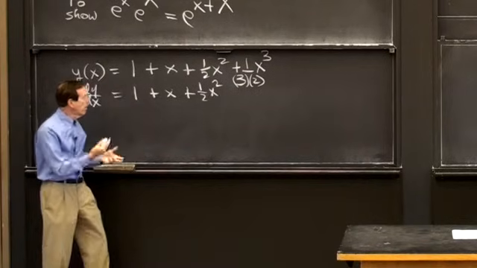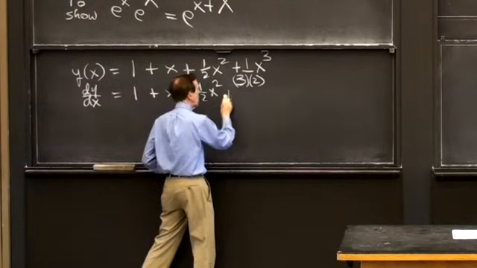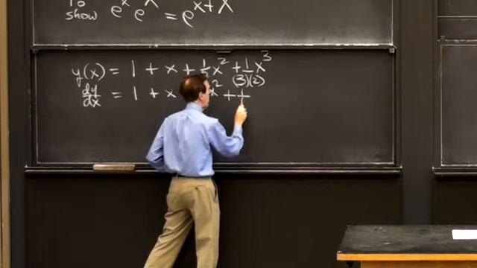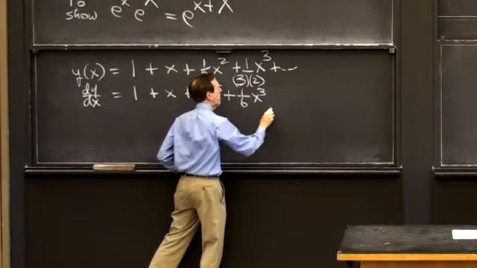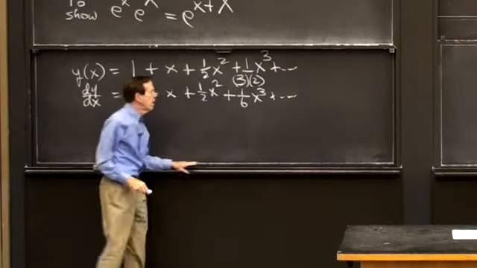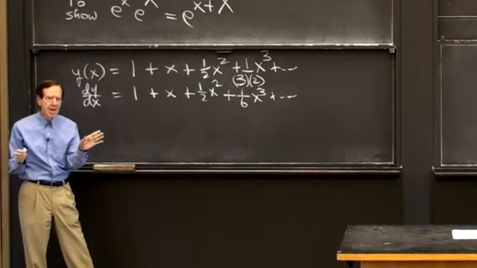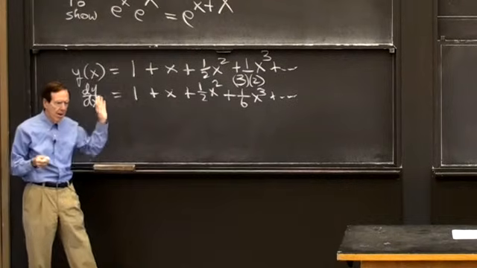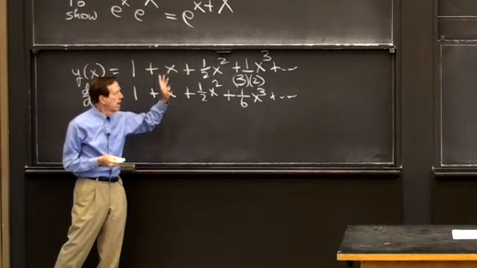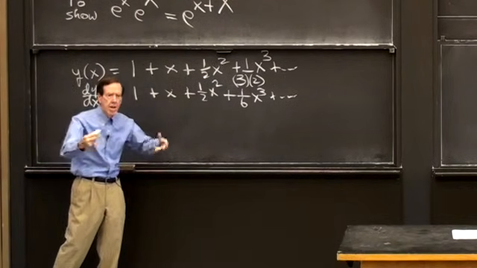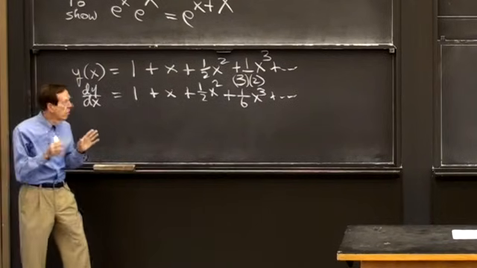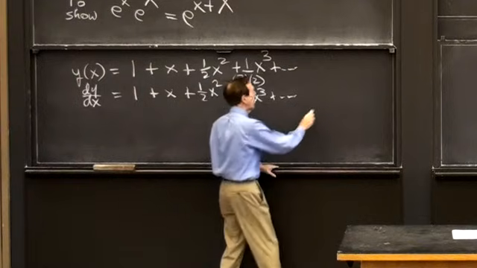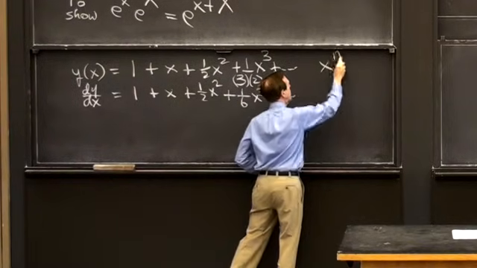And now, you know what's coming? These are supposed to be equal. I have to have this 1/6 x cubed down here too. And I never get to stop. Can you see, we have to see, okay, what is a typical term after I've done this, say, n times? I'd like to have some idea of what it is when I get up to x to some nth power.